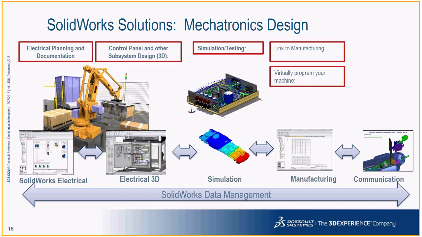And further, if we have any PCBs associated in our design, then they can also be subjected to SolidWorks Simulation for testing, fatigue, flow and FE analysis, and it can link to the manufacturing virtually, and it can also produce documentation such as a user manual or a maintenance manual for the users or technicians who are working on the factory premises. So this is a complete SolidWorks mechatronics solution for the industries.